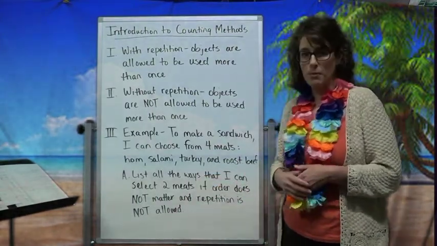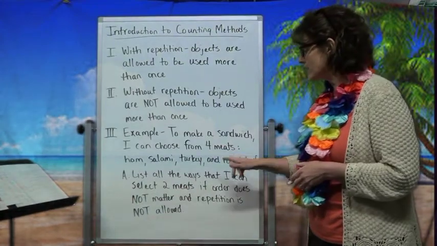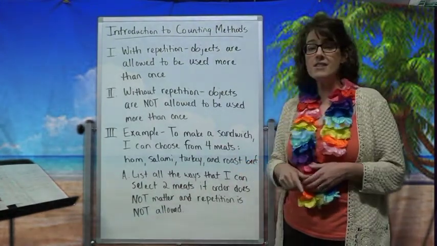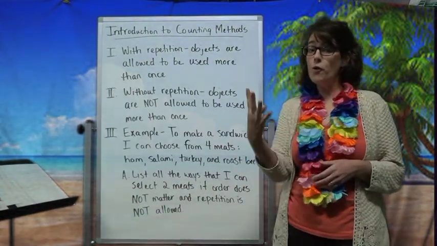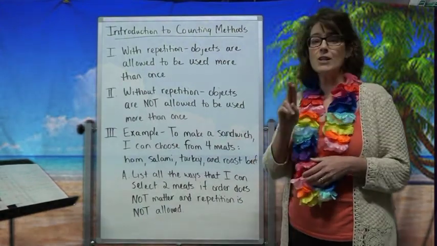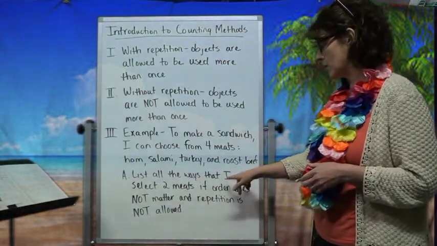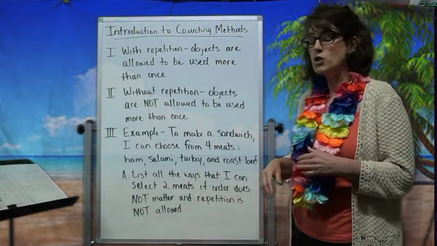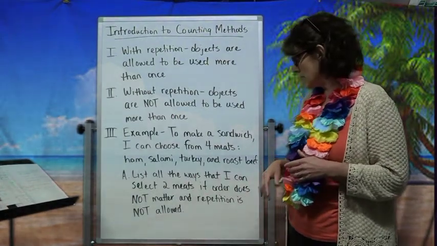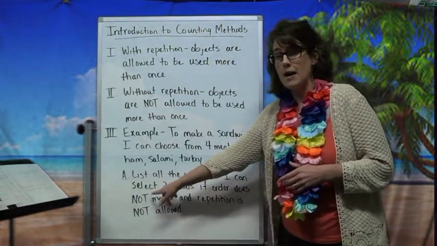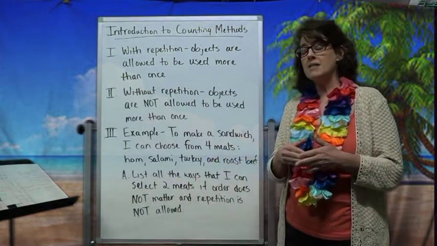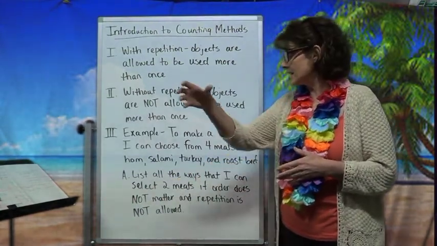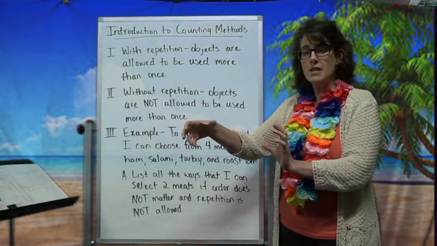So in the first example that we're looking at, it says that we're going to list all the ways that I can select 2 meats. Now I've got 4 to choose from, but I'm going to select 2 meats in making my sandwich. And I'm being told that when I select these 2 meats, order does not matter. Now what that means is, say for instance I select a ham and then the next meat that I choose is salami.